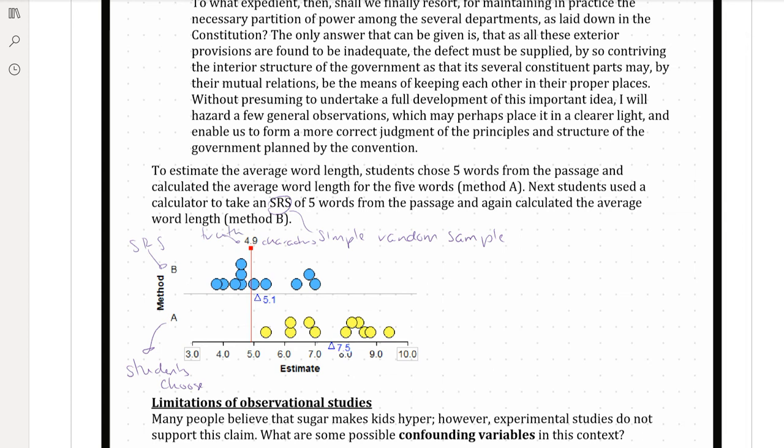Now, we are not measuring all of these words, so this true average word length may be unbeknownst to us. So let's compare this. If we look at method A, we see that students tend to overestimate the truth. That's because bigger words tend to catch our eye.